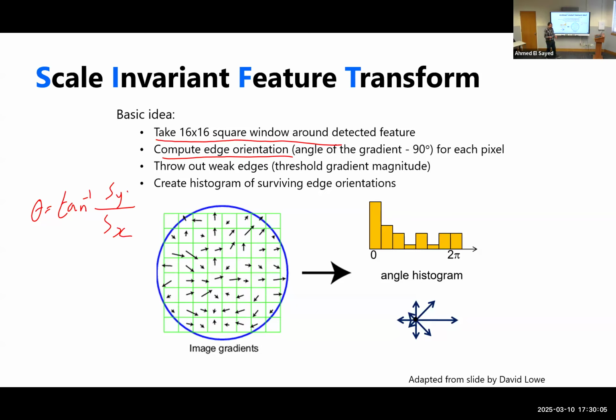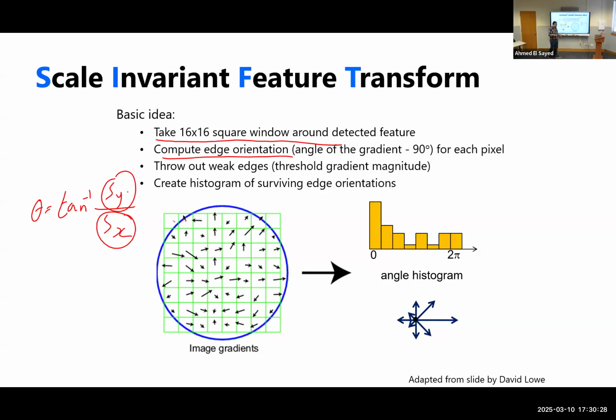So here we still need the Sobel filter. Now, I'll calculate the gradient theta for each pixel, and so on.